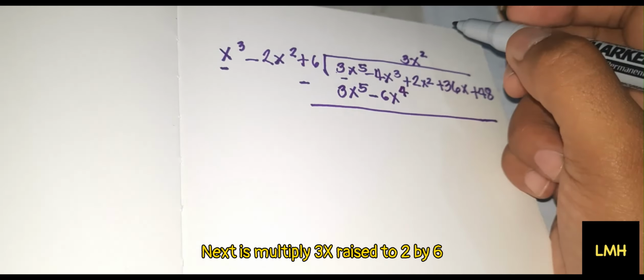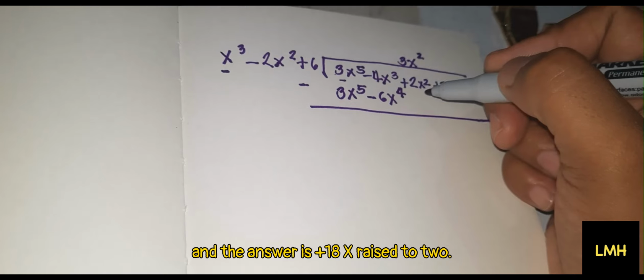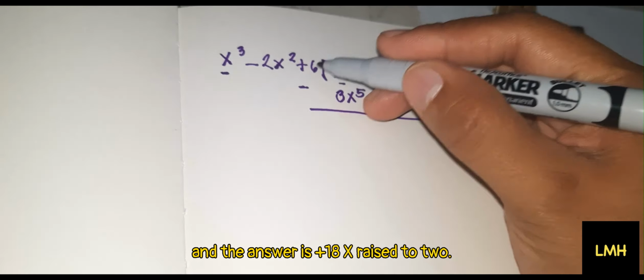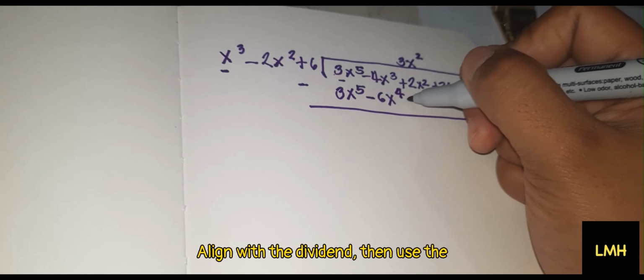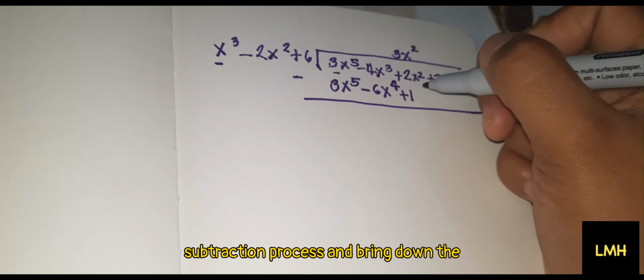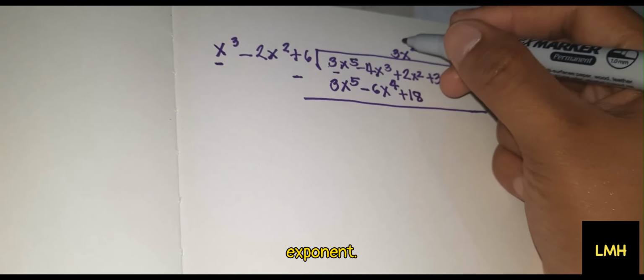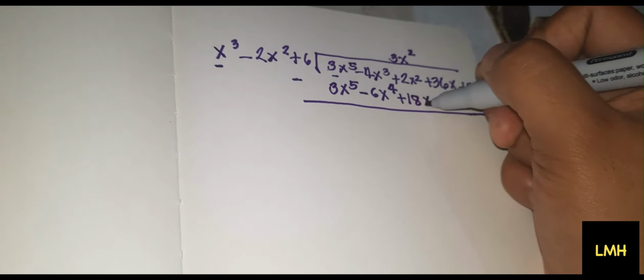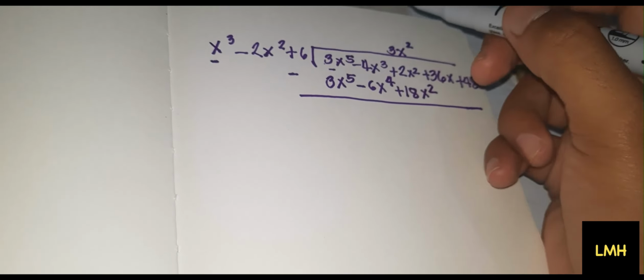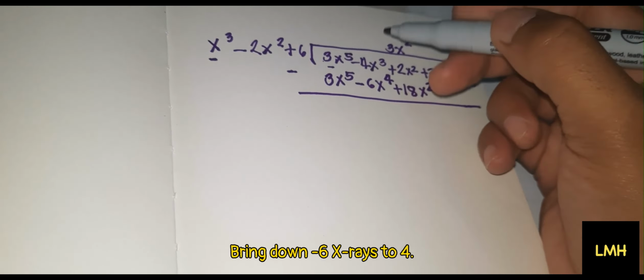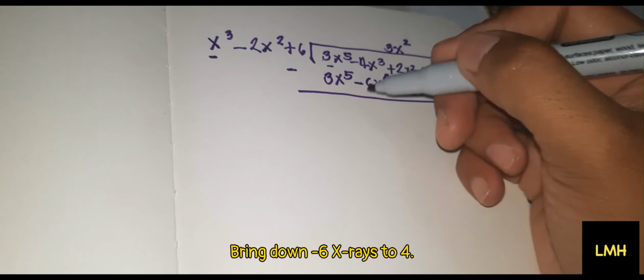Next is multiply 3x raised to 2 by 6 and the answer is positive 18x raised to 2. Align with the dividend, then use the subtraction process and bring down the answers in descending order of exponent. Bring down negative 6x raised to 4.